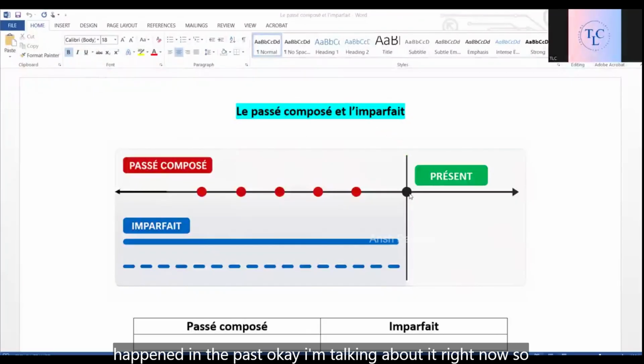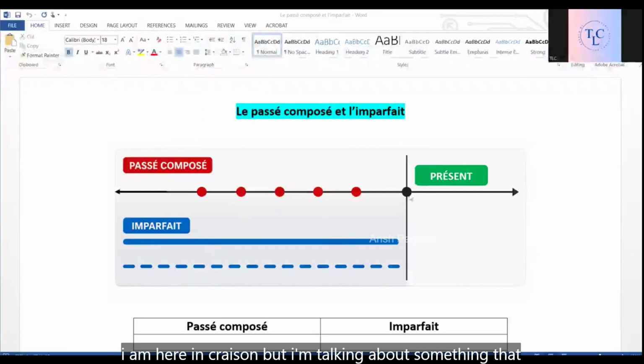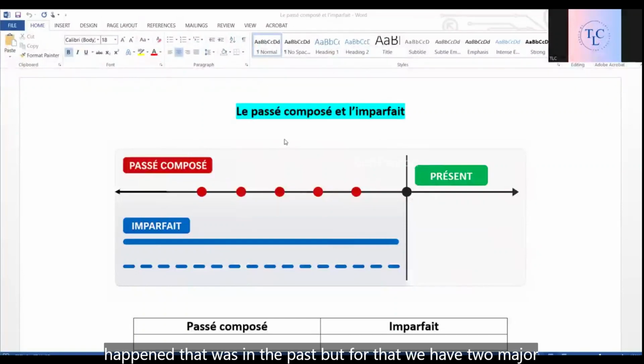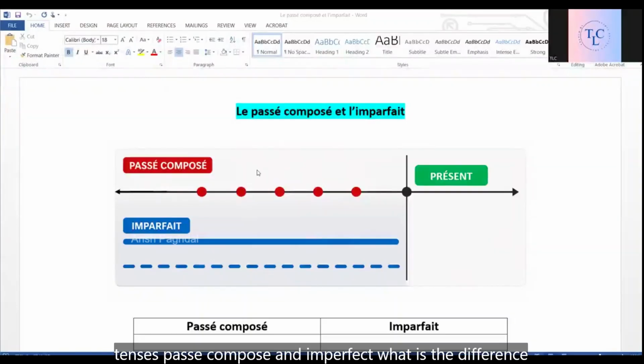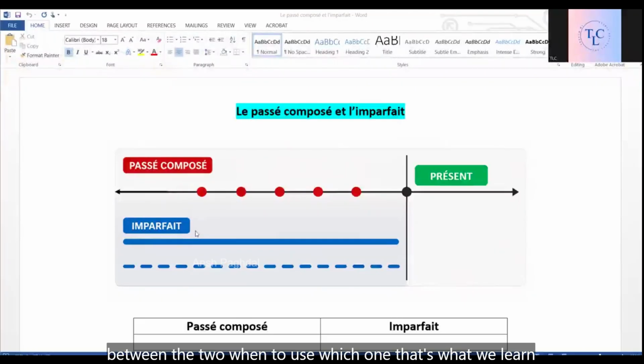I am here in présent, but I'm talking about something that was in the past. For that, we have two major tenses, passé composé and imparfait. What is the difference between the two, when to use which one? That's what we'll learn now.